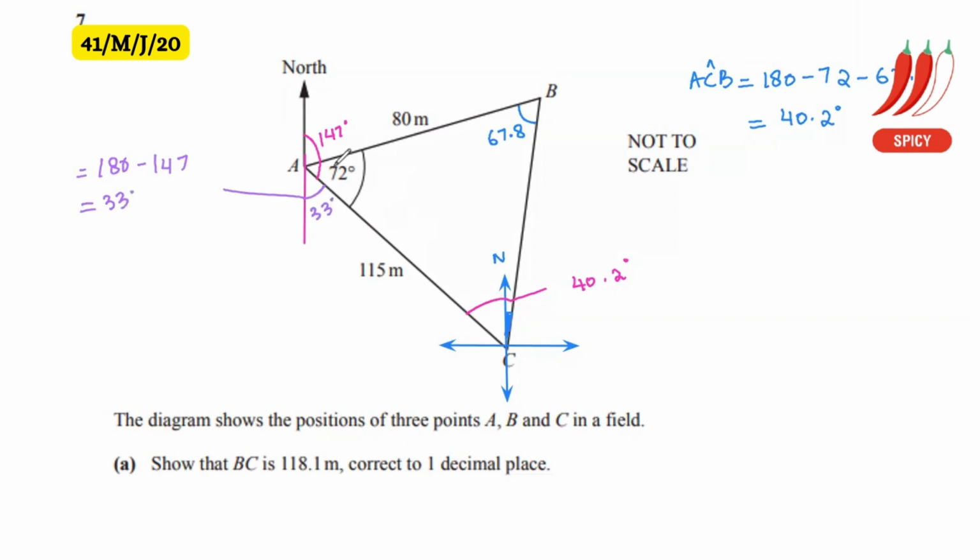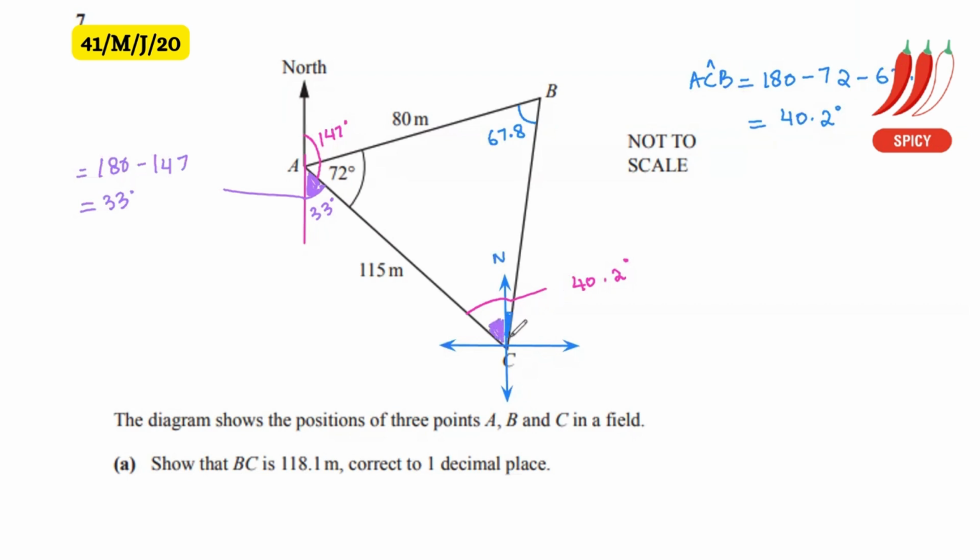Like I mentioned before, when you have two parallel lines and a transversal passing through them, the angle at the top of the line equals the angle at the bottom of the line. Basically, alternate angles are equal. So this 33 degrees is equal to this angle over here.